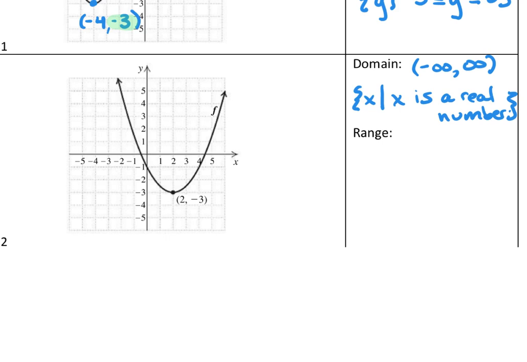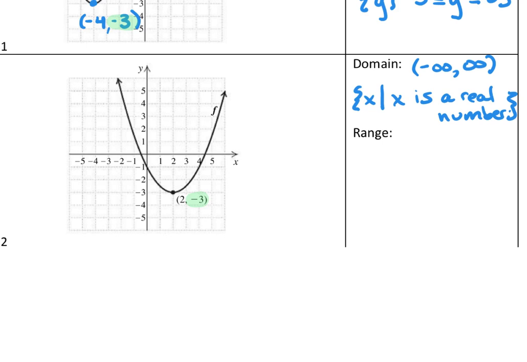Now we want to go to our range. So our range, we want to figure out, okay, starting at the bottom, what do we got? We start here. This is my lowest point. And remember that we want to keep the y value.